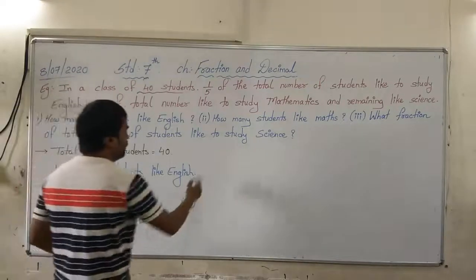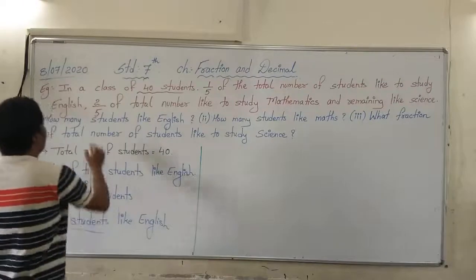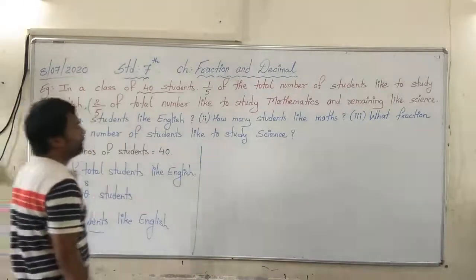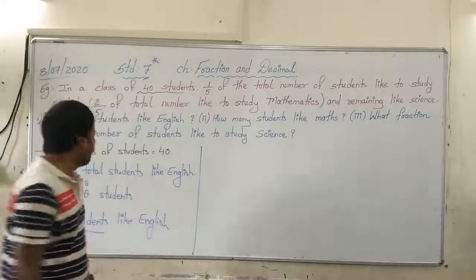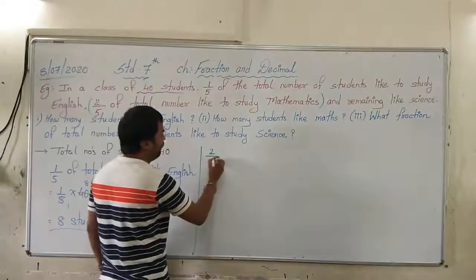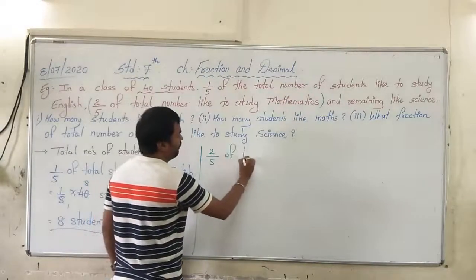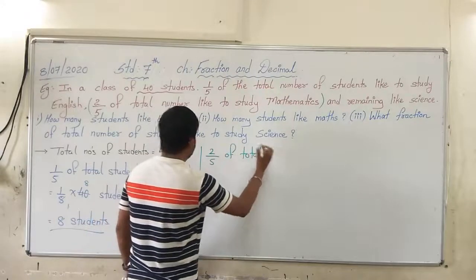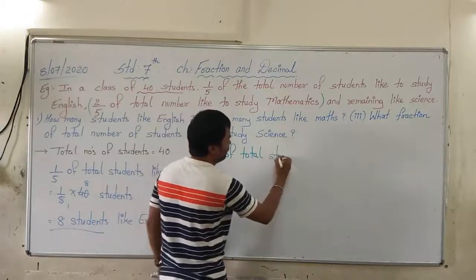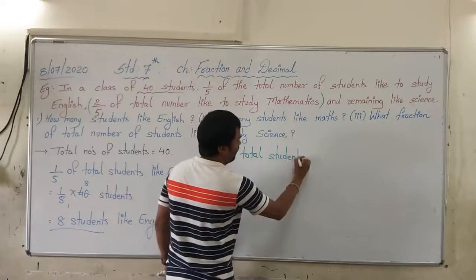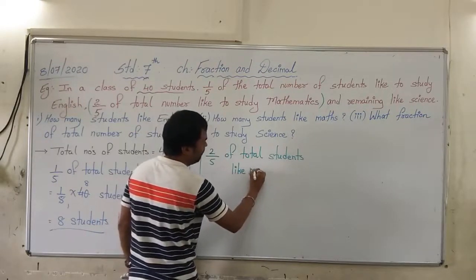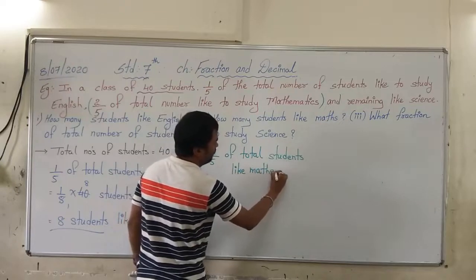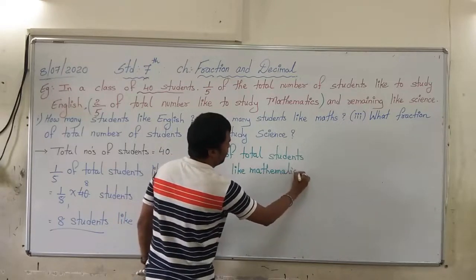Second part is given to you. 2/5 of total like to study maths. Right? So we can say that 2/5 of total students like maths.